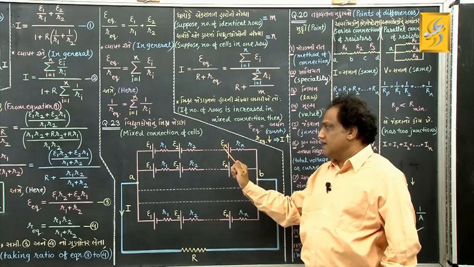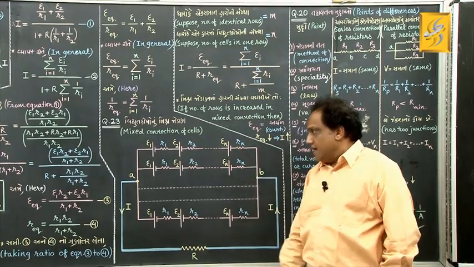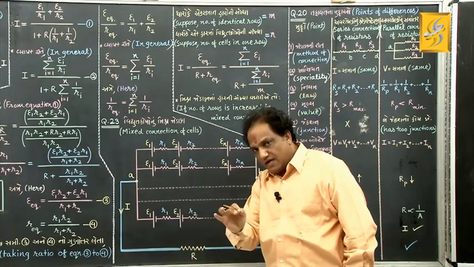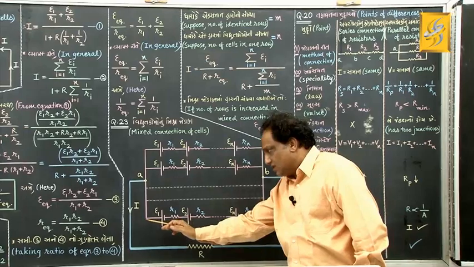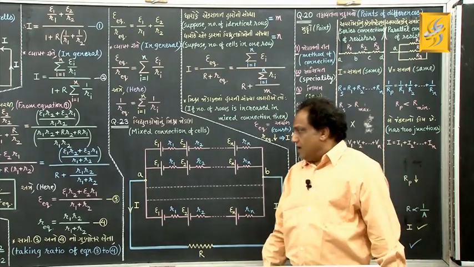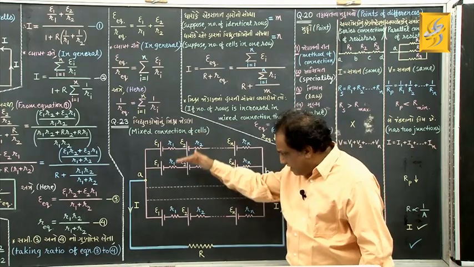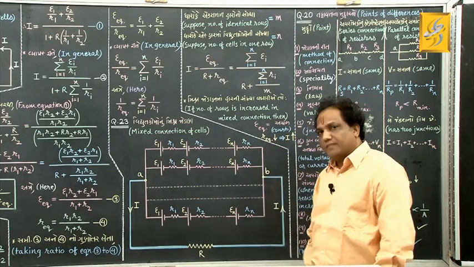For the last cell, EMF is En and internal resistance is Rn. Correct? And whatever is the first row, identical to that is the second row, identical to that is the last row. Correct? Fine. Now, all these rows are connected in parallel between points A and B.